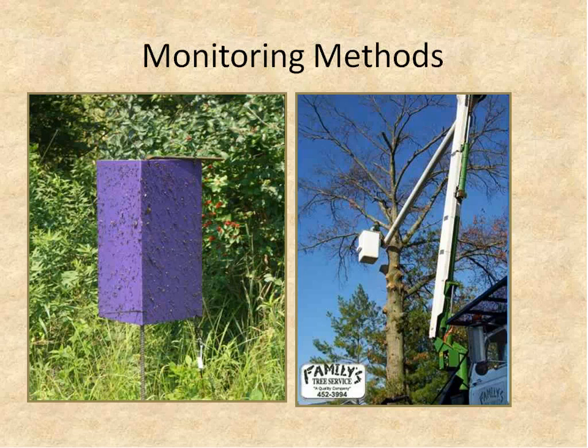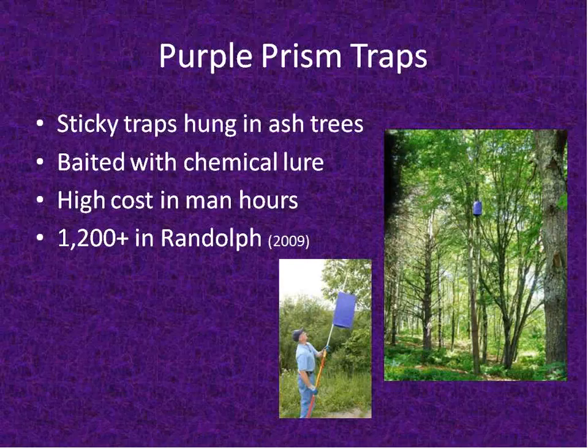So these purple prism traps are hung up in ash trees. There's a little chemical lure that's thought to be attractive to emerald ash borer. But again, one of the downsides of this is the high cost in man hours. This is pretty expensive to get crews of 2. They need a vehicle to go around putting up these traps.